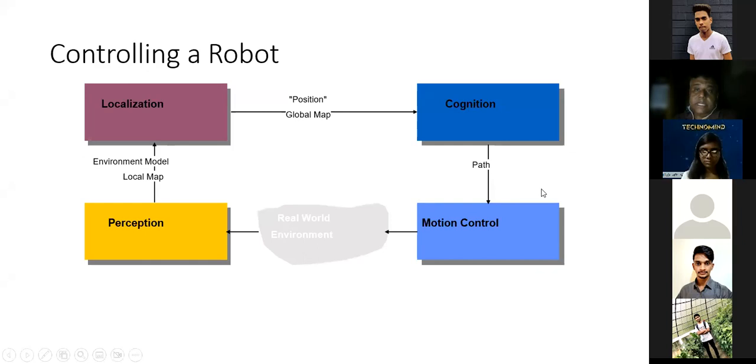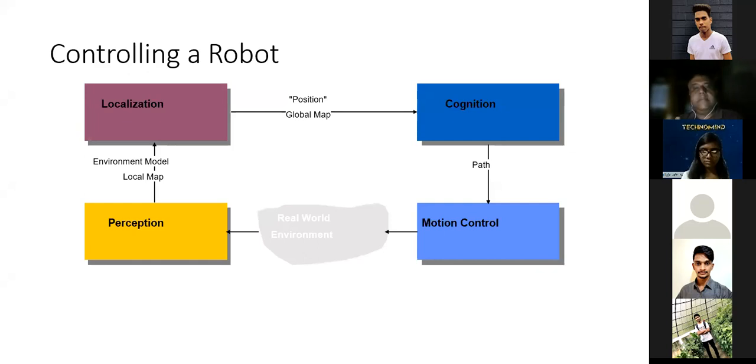And then comes motion control. Motion control directly refers to moving the robot in the environment. Now, if you have a robot with, say, 4 wheels, and out of these 4 wheels, 2 wheels are motorized. You have motors connected to 2 wheels. Then the only way to move the robot in the environment is to rotate these motors. Right? When you are rotating these motors, you have to calculate how much the rotation should be.